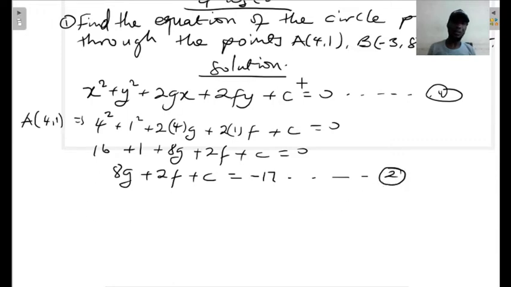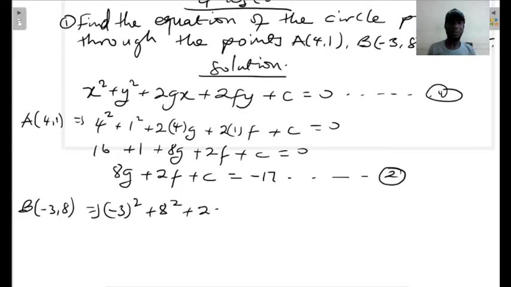Then we substitute B. At B (-3, 8), our general equation 1 will be -3 squared plus 8 squared plus 2 times -3g plus 2 times 8f plus c equals 0.